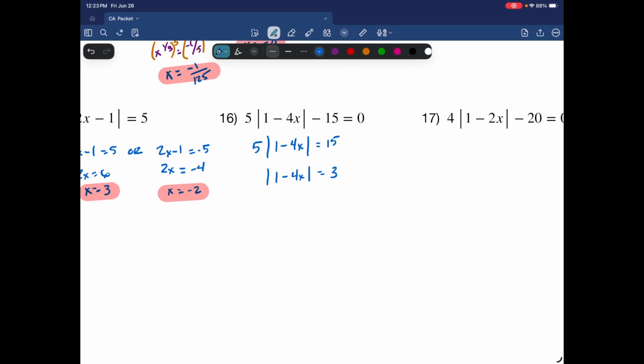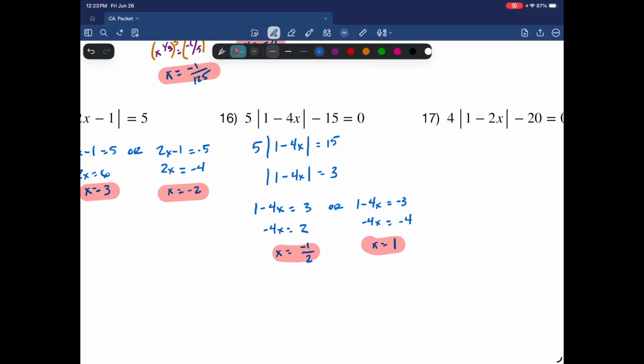So I got 1 minus 4x equals 3, or 1 minus 4x equals negative 3. So we got negative 4x equals 2, x equals negative 1/2, negative 4x equals negative 4, x equals positive 1.